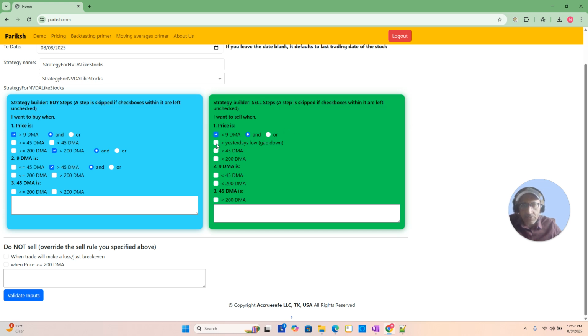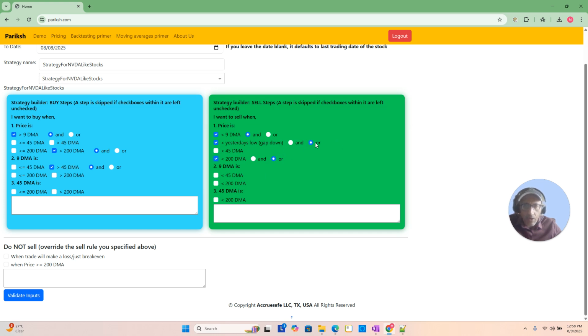And also if today's opening price is below yesterday's low, there is a term for that called gap down. If that's the case, then that's part of my sell criteria as well. Also, if price is below 200-day moving average, which is the long-term average, so if the price today is lower than the 200-day moving average, that's also part of my sell criteria.